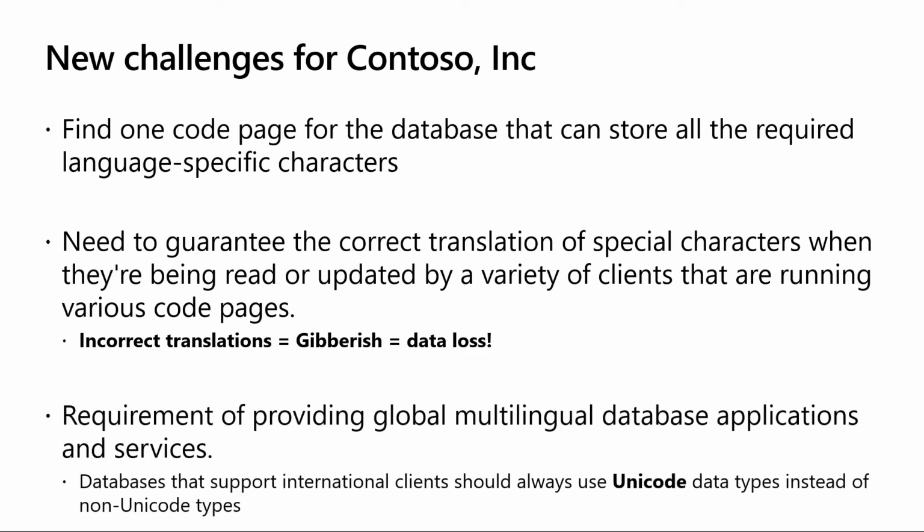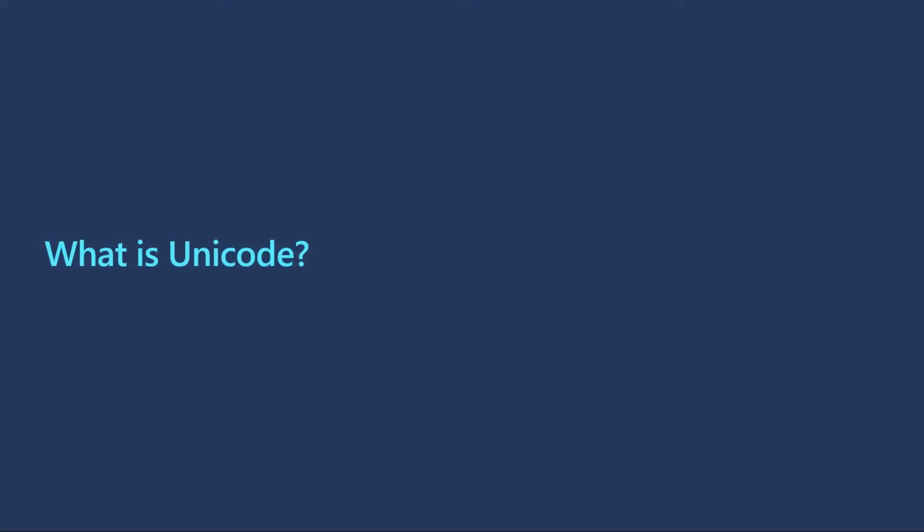So their requirement is ultimately to provide a global multilingual database to all the applications and services that Contoso now has to deal with. And databases that support international clients should always use Unicode capable data types instead of non-Unicode capable. And we'll see more into this for the rest of this session. So what is Unicode?